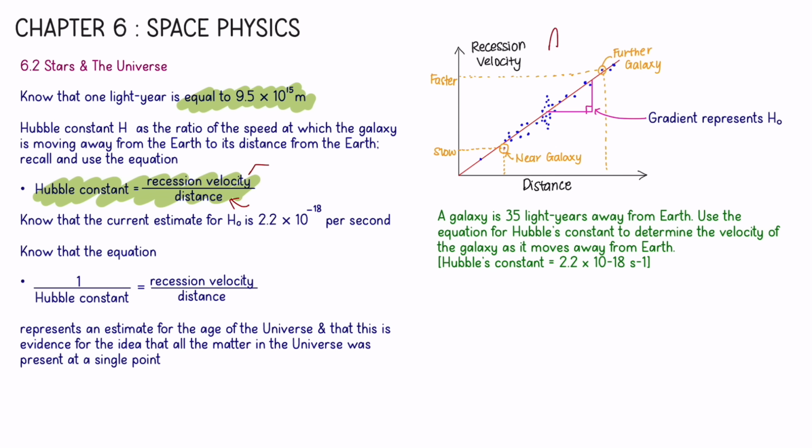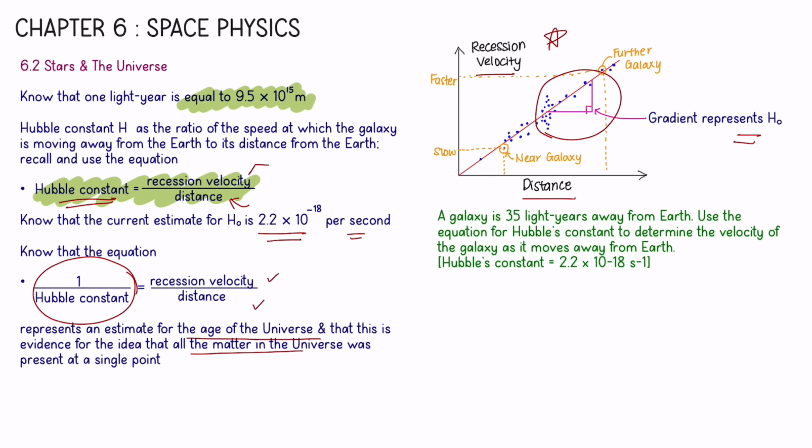We can plot a graph of distance versus recession velocity, and the gradient of this graph represents the Hubble constant, which is 2.2 times 10 to the power of -18 per second. And if we invert the Hubble constant, we can actually find the age of the universe. And this is the evidence that all the matter in the universe was present at a single point.